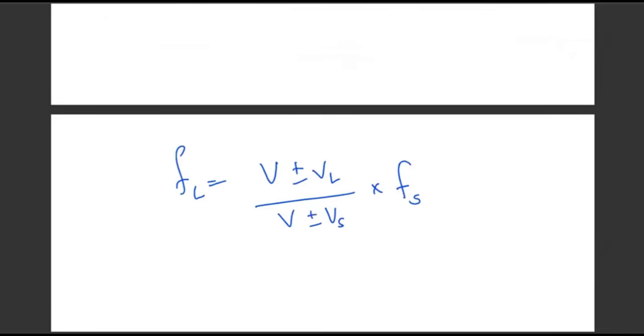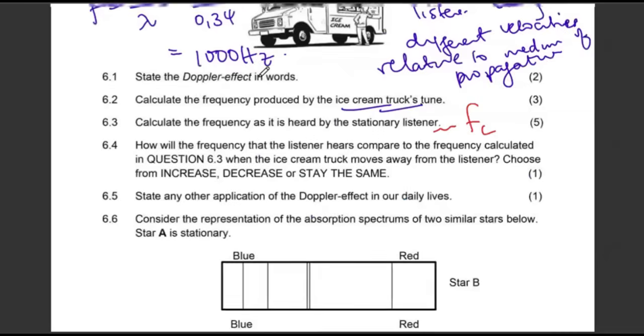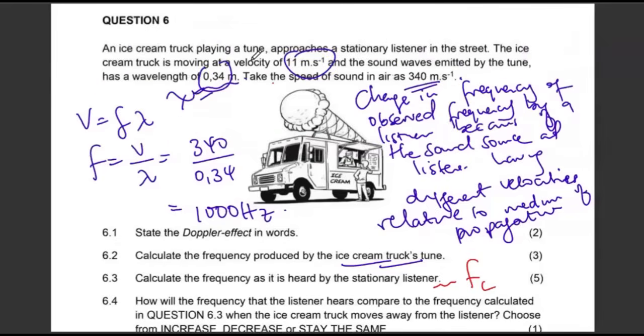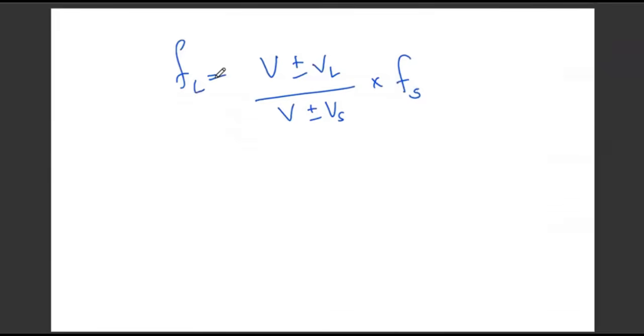Now, what was the scenario all about? An ice cream truck approaches, so the frequency heard is going to be greater. So it's V plus and then V minus times Fs.